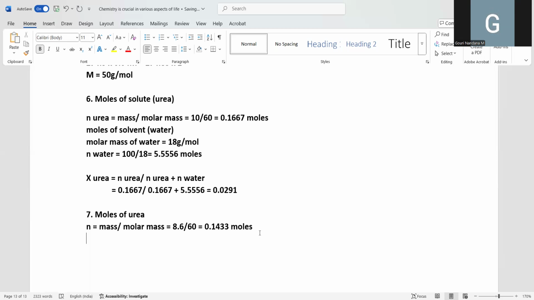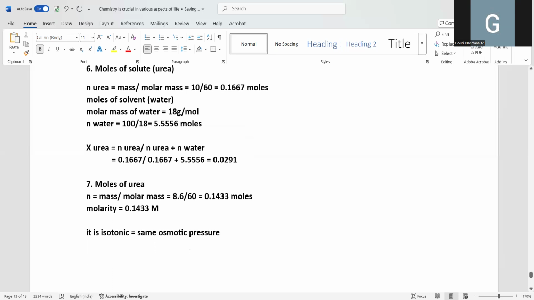And in the question it is given that it is dissolved in 1 dm cubed, which means 1 liter. So the molarity will be 0.1433. Since the solution is isotonic, it means they will have the same osmotic pressure.